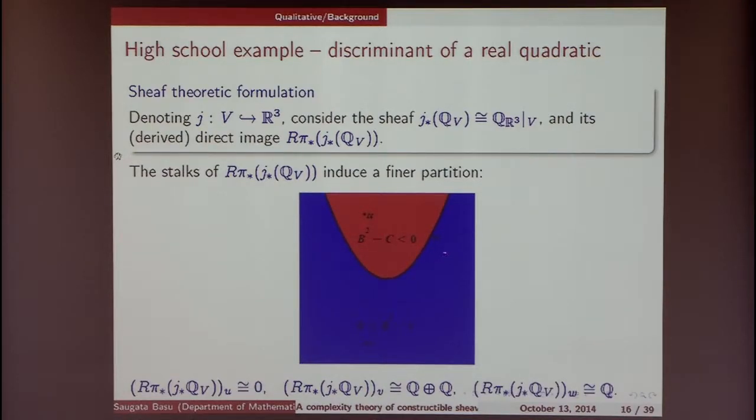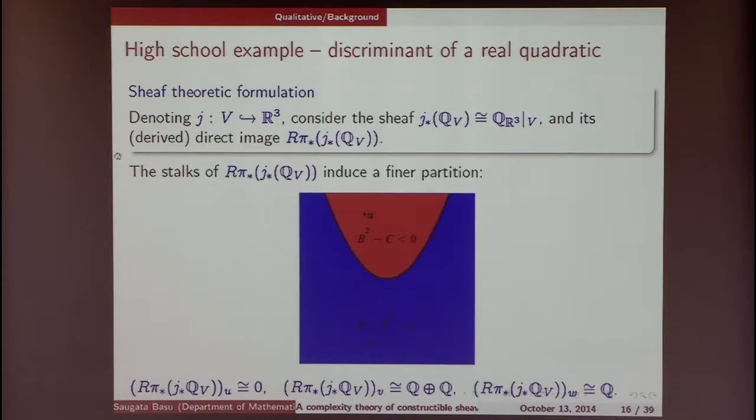But if you are on the boundary here, on this locally closed, in this case closed, set, since there's a double point over the discriminant, the stalk is isomorphic to Q. So in this sense, the derived image, if you look at the stalks, gives you a finite partition of the base.